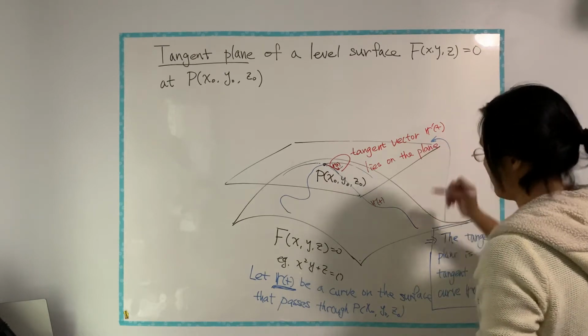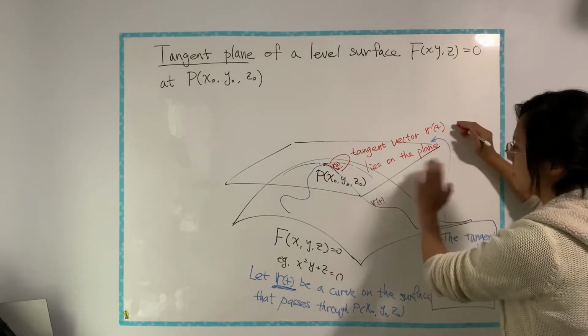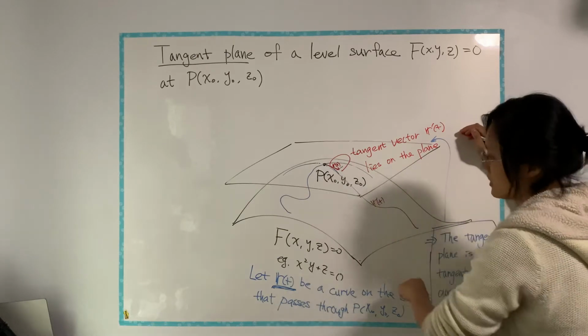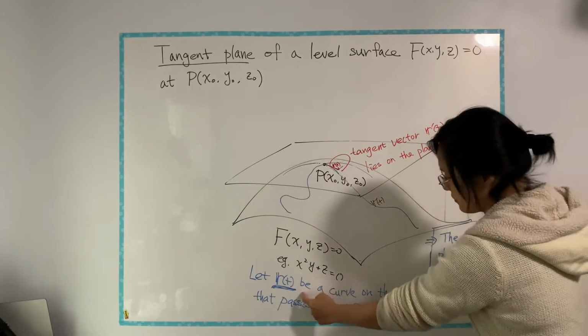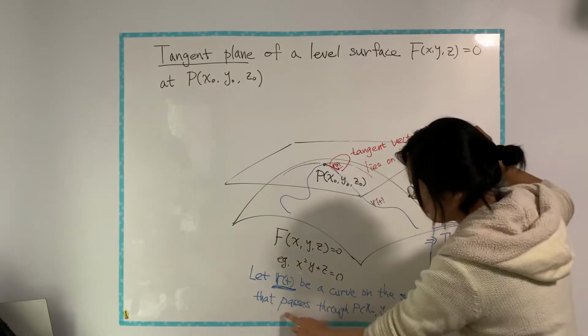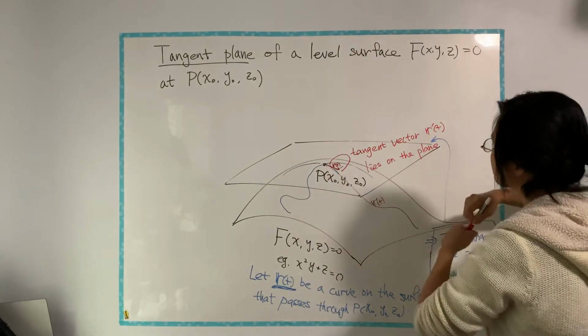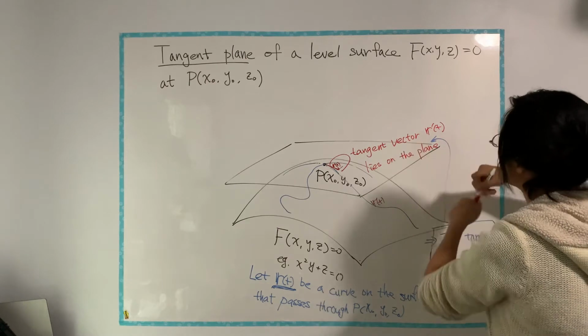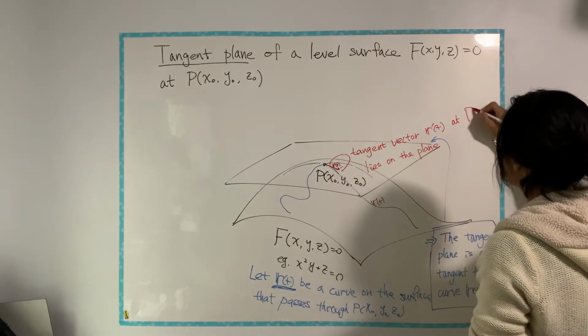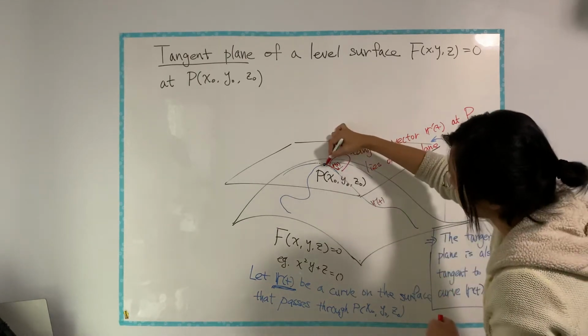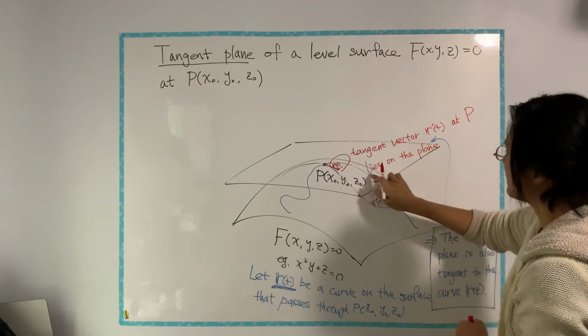And this is true, it does not matter what the curve we're talking about. As long as it is a curve on the surface and passes through the point P, then the tangent vector at P also lies on the tangent plane.